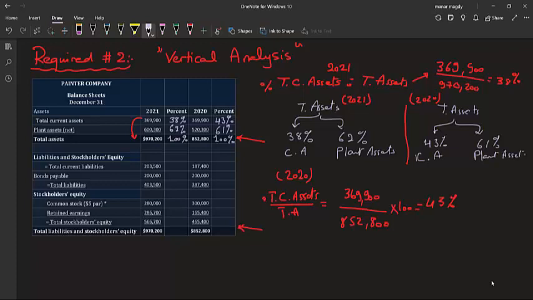So despite that the total current assets is the same from year to year, the company increased its investment in the plant assets, which caused an increase in the total assets in year 2021. Let's continue in the same manner.